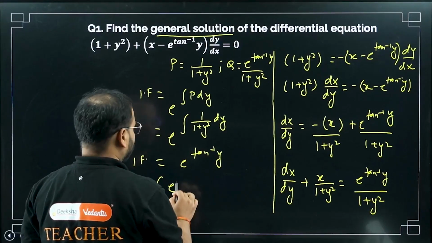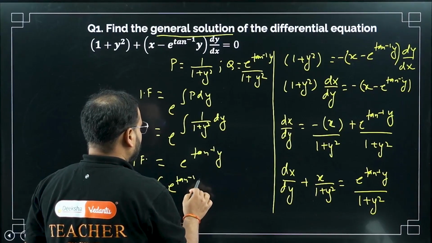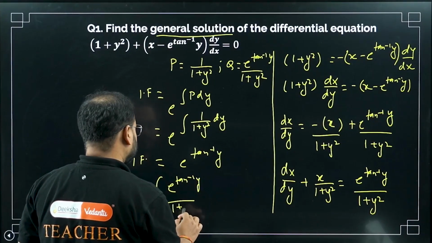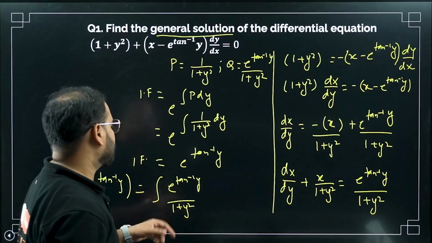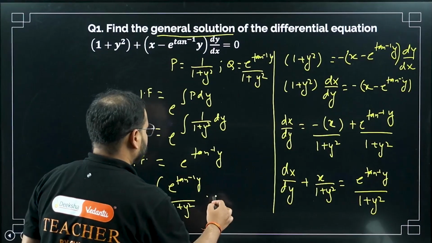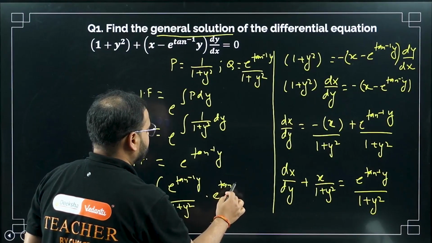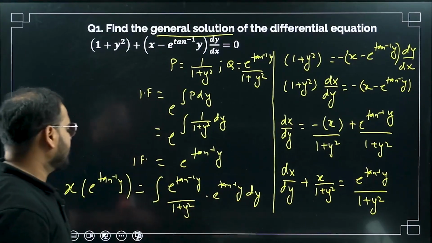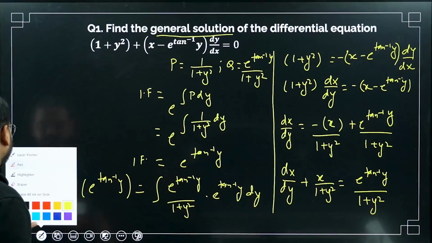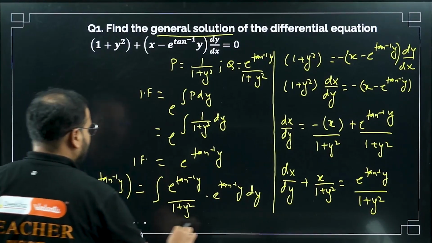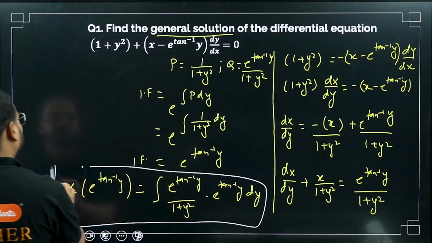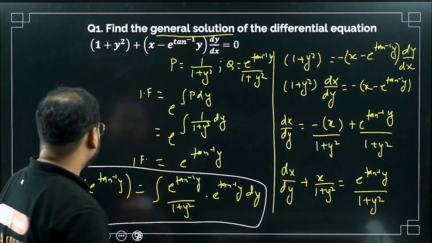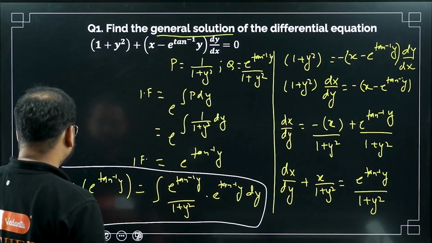Q times IF, so e power tan inverse of y upon 1 plus y square, and IF is this whole thing, same thing again, and dy will come. Okay, this is my solution. Is it the end of the answer? Is the question done? No sir, we have to integrate the last one also. We have to do this integration, so I will write it in the next slide. Have a look.